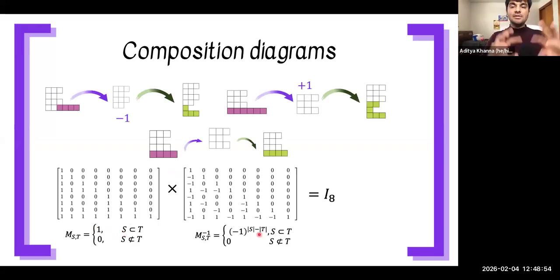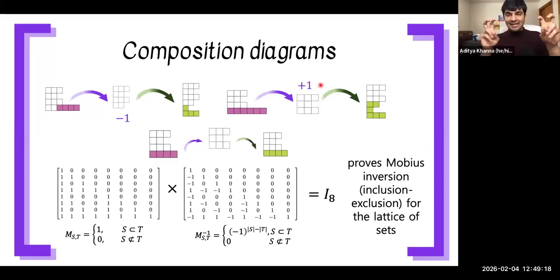And we prove them using these things called composition diagrams. I do not want to focus on what the specifics are, but notice that there is some removal happening, then some addition happening, some removal happening, some addition happening on diagrams. And there's a -1, there's a +1, things are canceling out. So fundamentally, this is the same idea. And the cool thing is this is actually the diagram proof of inclusion exclusion.